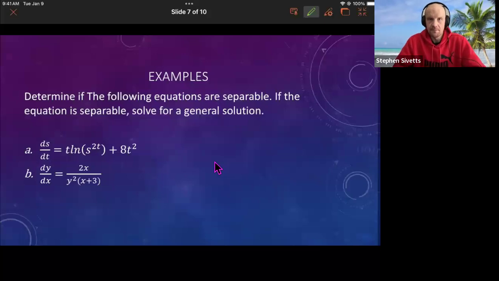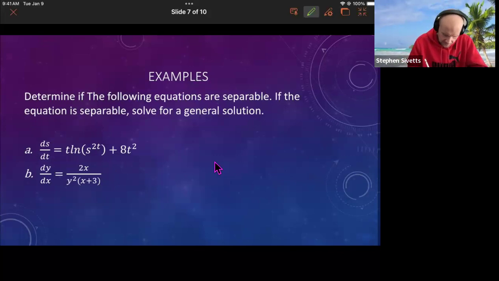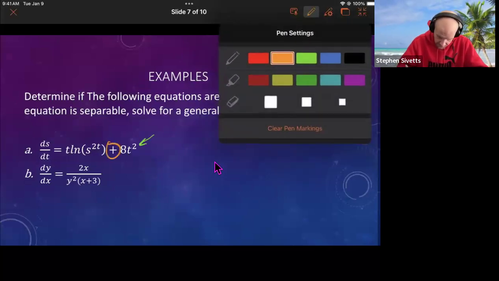Okay. All right. So I assume you worked on these examples. Part A, we have to see if this differential equation, ds/dt, is equal to a product of a function in t and a function of s, right? Well, this is not a separable equation, because of this plus sign here. That will cause problems.